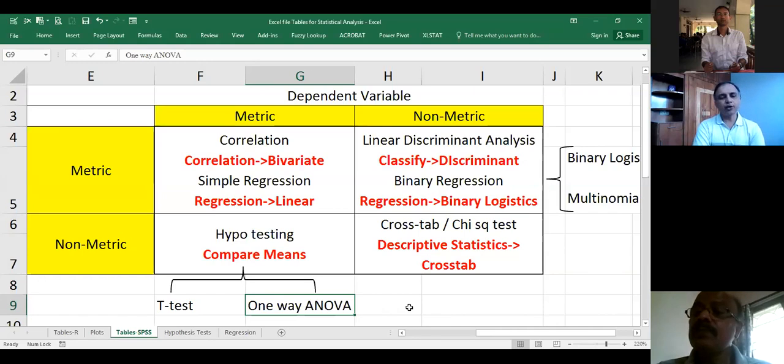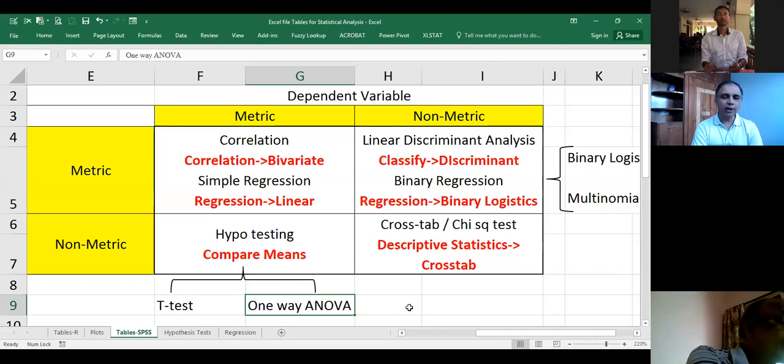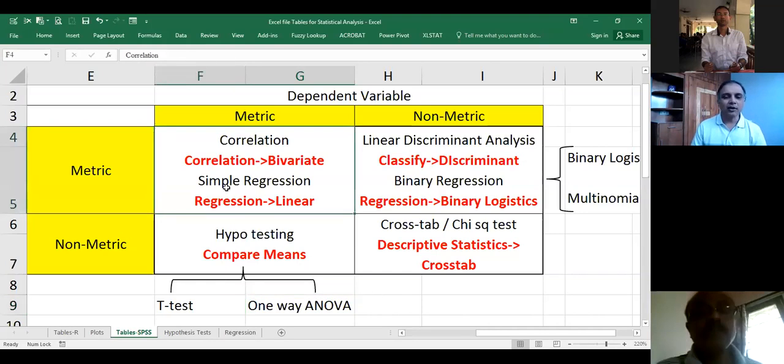Who's dependent, who's independent? Still marks is dependent and stress is independent. How did I measure? Marks, I still measured actual marks, that's metric, and stress I measured on a 5-point Likert scale. Now that is an interval measurement, and interval means it's metric. Now I will come to the metric.